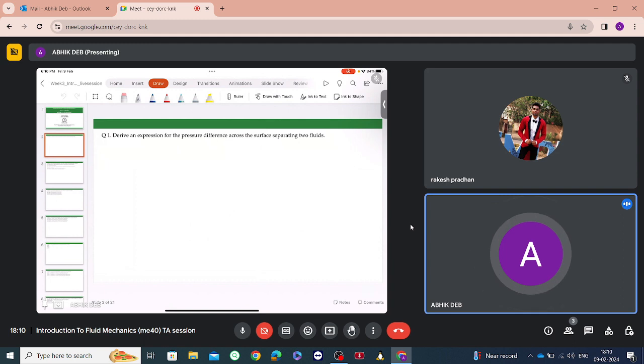Okay, so the first problem, we have been asked to derive an expression for the pressure difference across the surface separating two fluids. So how to go about it?